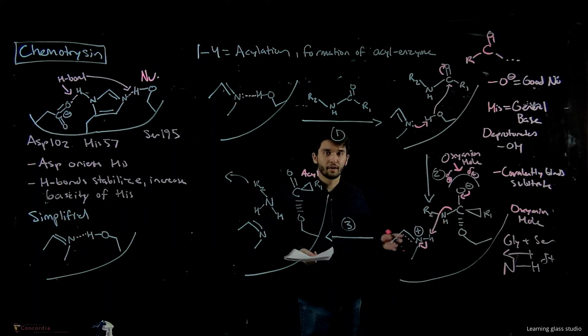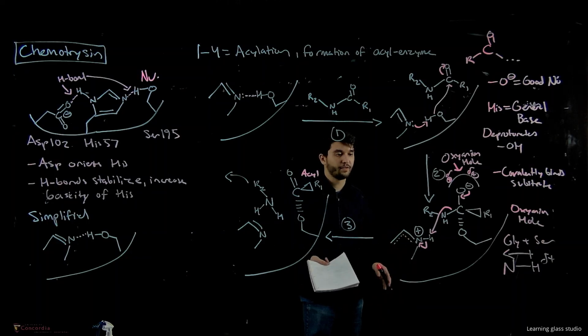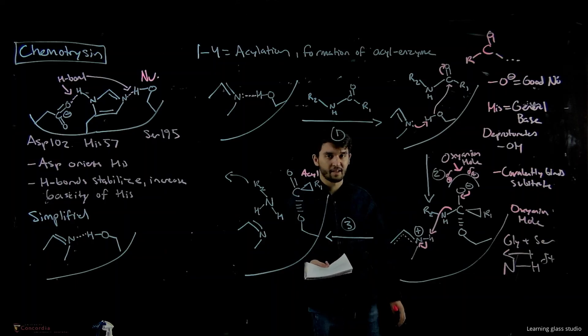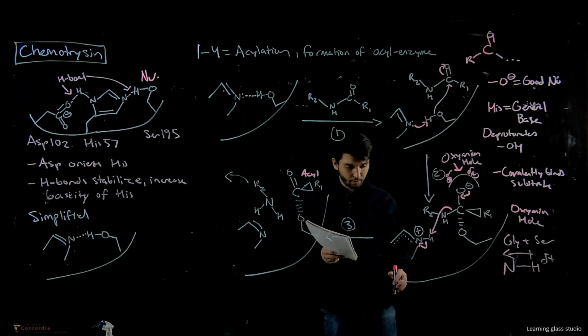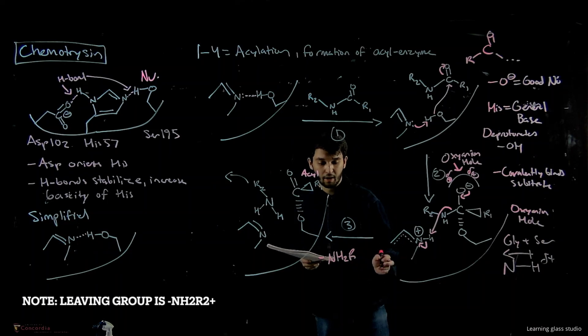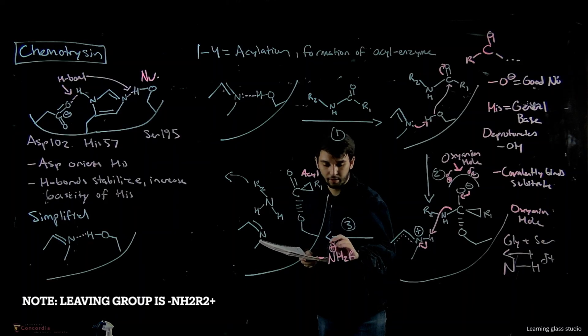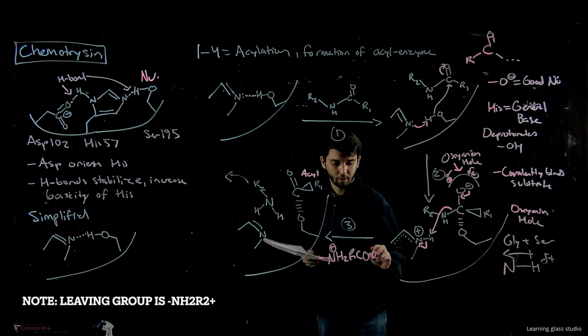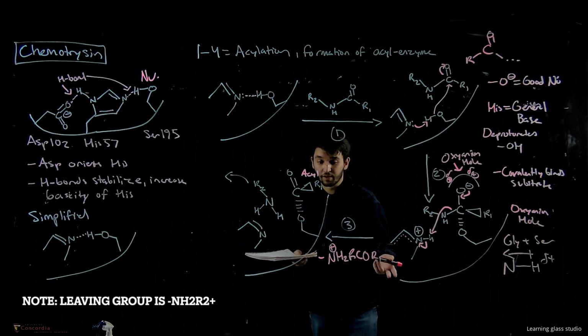So 4 bonds, that gives the nitrogen a positive charge. The nitrogen doesn't want the positive charge, so it is able to leave. So we can just write NH2R with a plus, and then the COR1. So this sort of is a good leaving group.